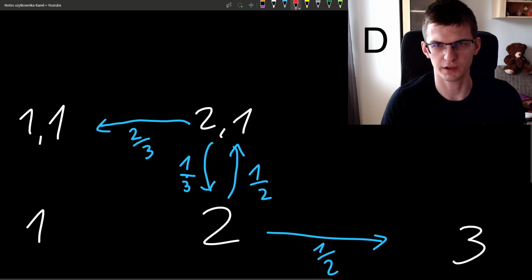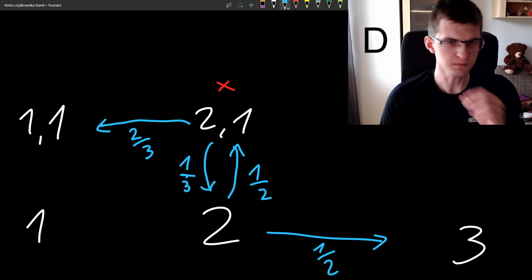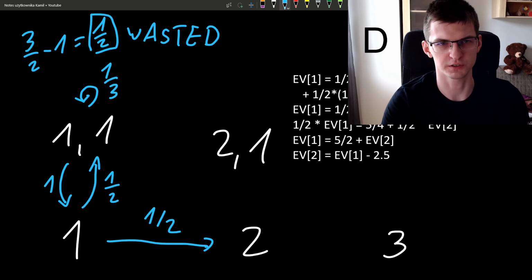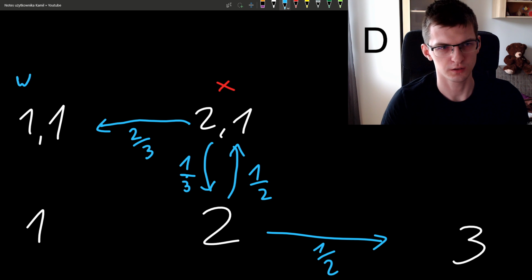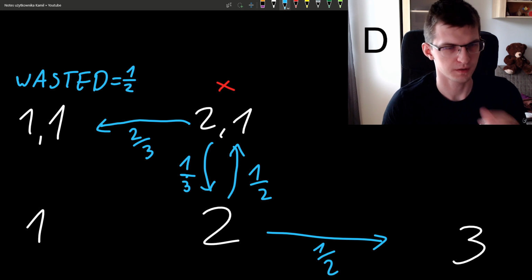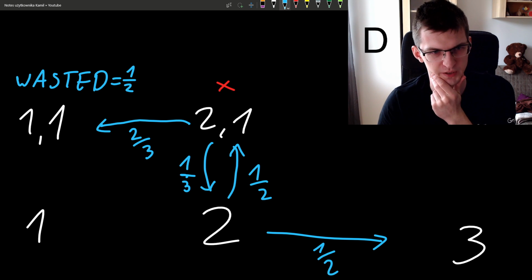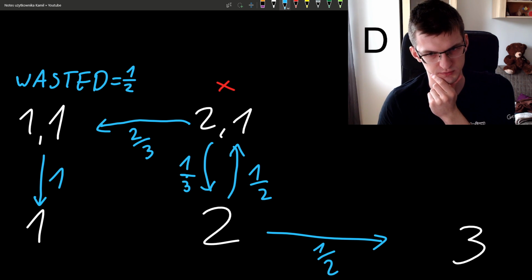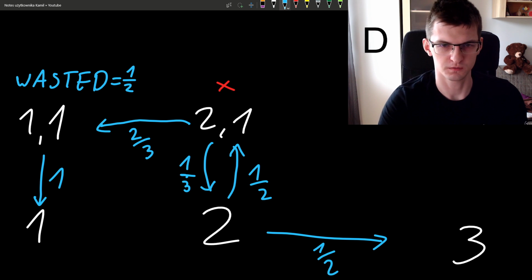There is no wasted time here. And from 1, 1, 1, we do waste, I think it was half, yeah. Wasted is half, but eventually we will go down with probability 1 and we will get there.